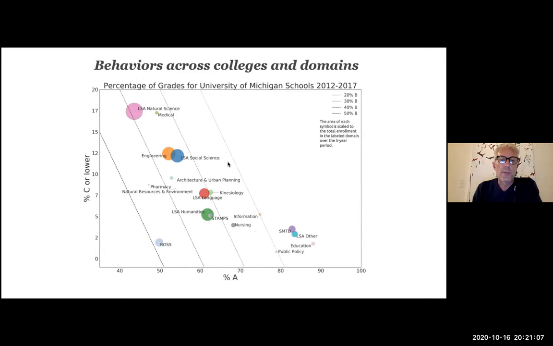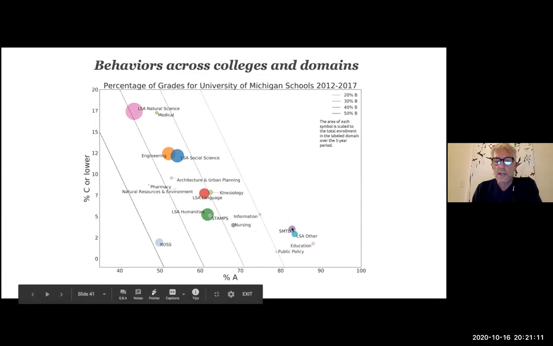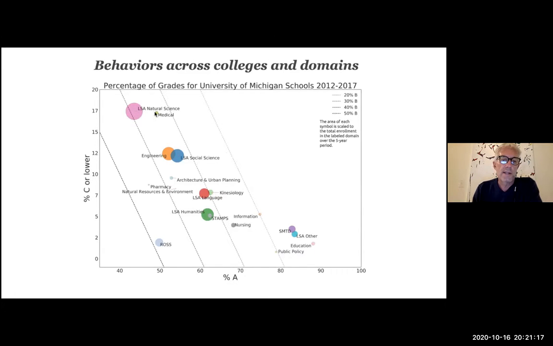Essentially, you can see that education, public policy, and the School of Music, Theater, and Dance are pretty high on the A range. Natural sciences and the med school, not so much, and they give out on the order of 17% C or lower grades as well. Engineering sits midway between, next to social science.